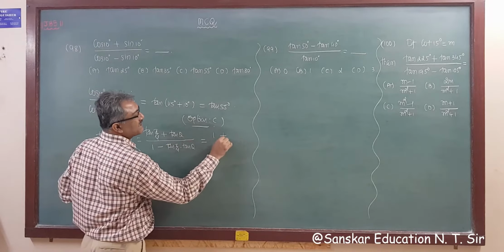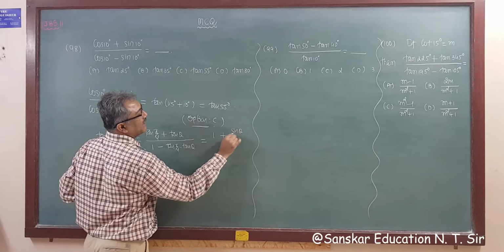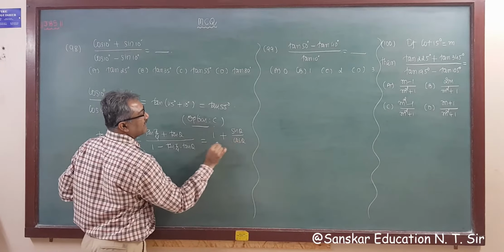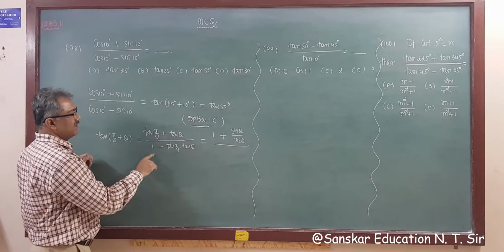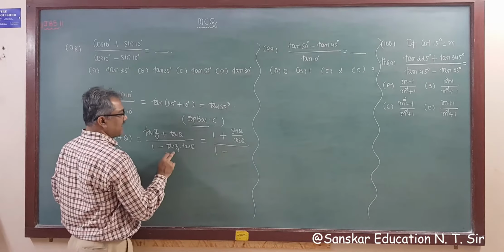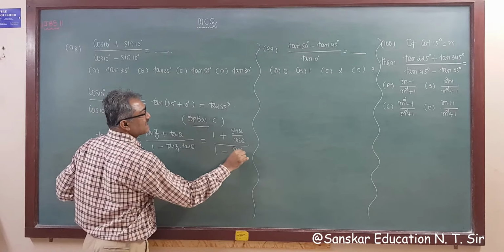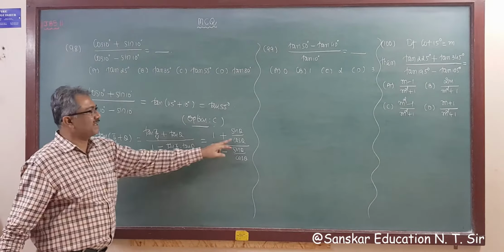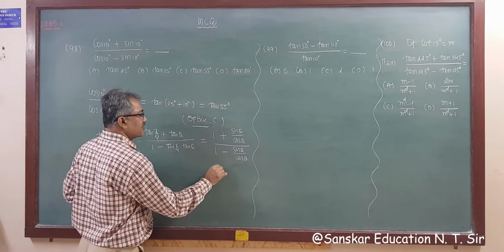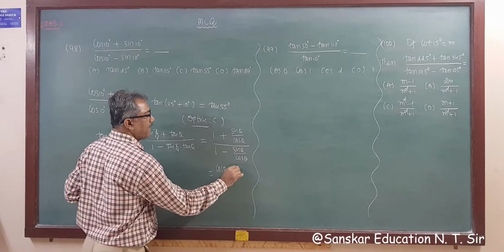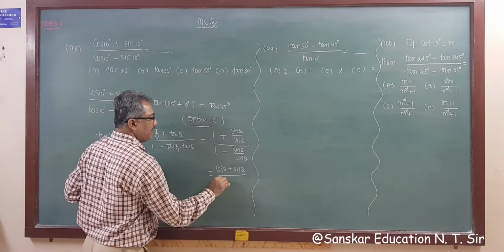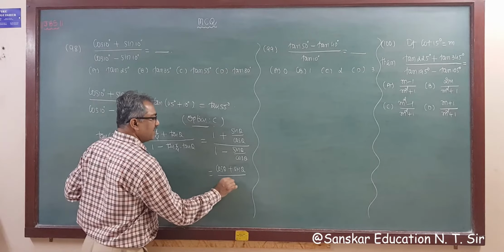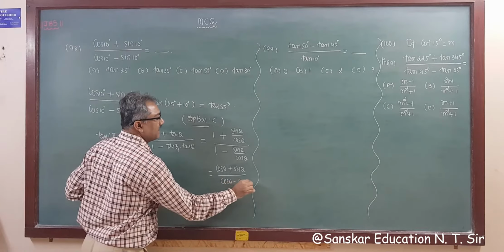I want to change this into sin and cos, so I am writing sin theta upon cos theta, whole upon 1 minus, tan pi by 4 is 1, and this is sin theta upon cos theta. So if you take cos theta as LCM, then it is (cos theta plus sin theta) upon (cos theta minus sin theta).